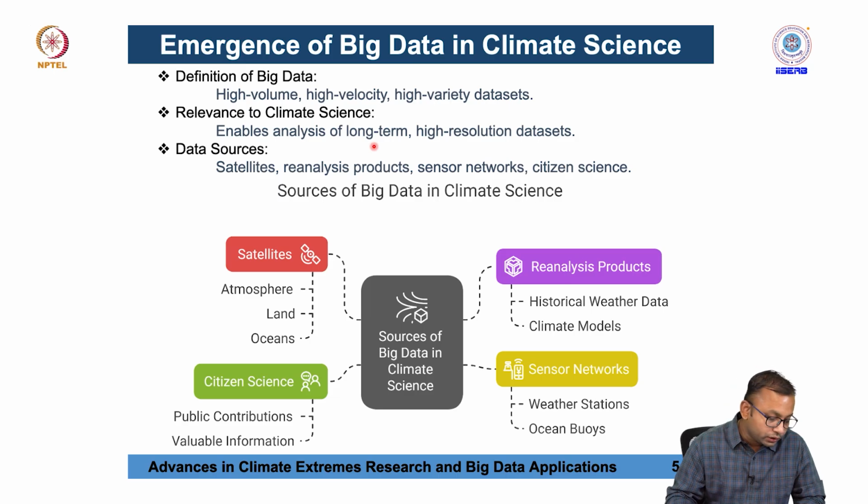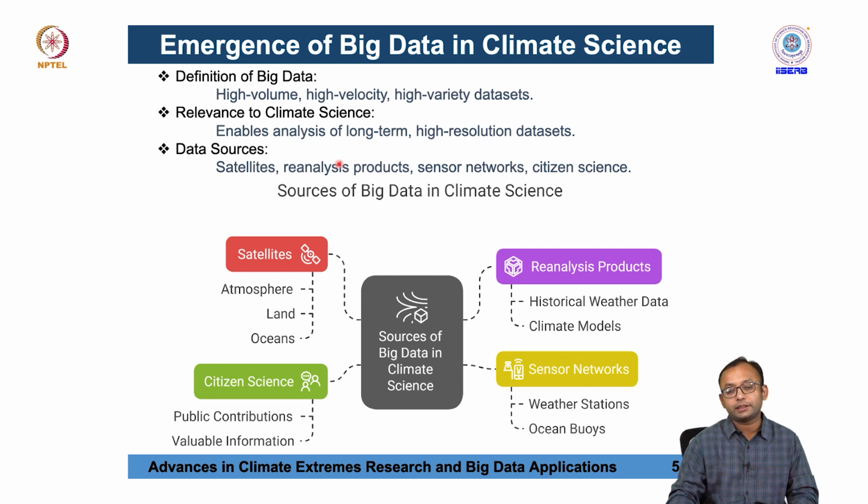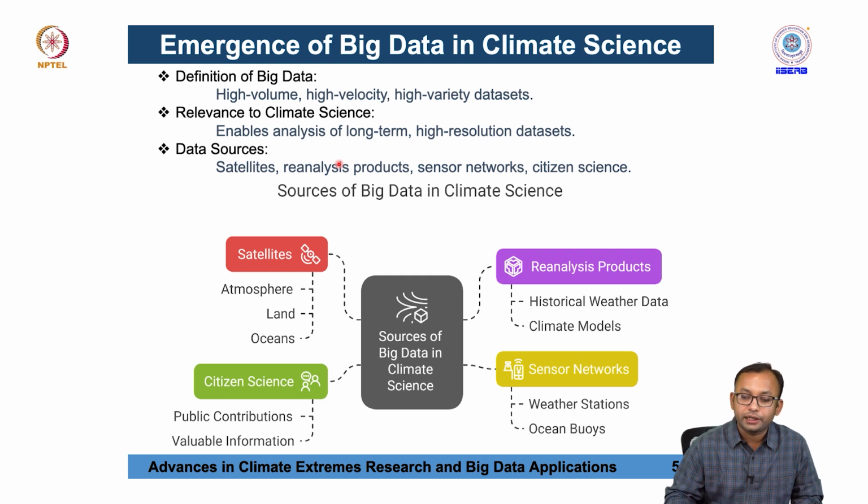What could be the data source? It could be a satellite, it could be a reanalysis product, it could be a sensor network, it could be citizen science data sets. These are the sources which can be clubbed together to form big data in climate science. So, for example, you can take data from satellites, which is basically atmosphere, land, ocean measurement.